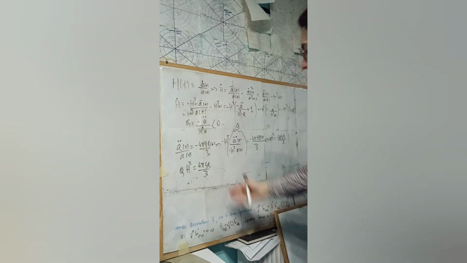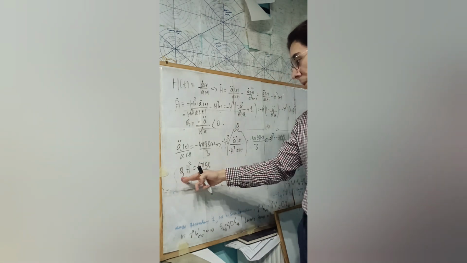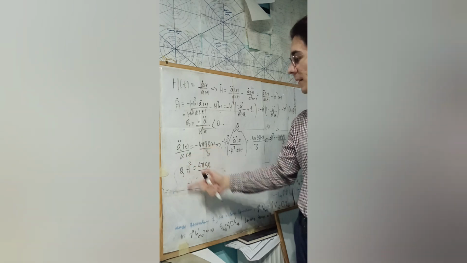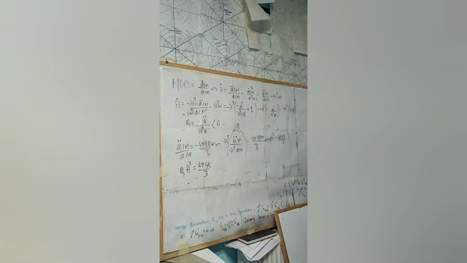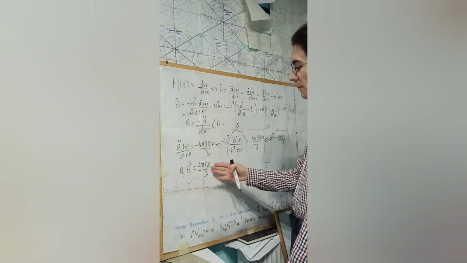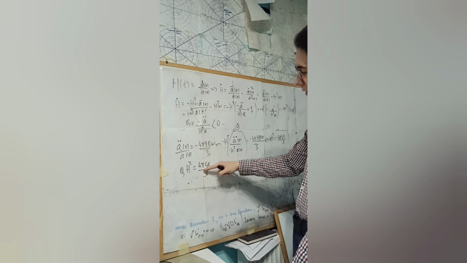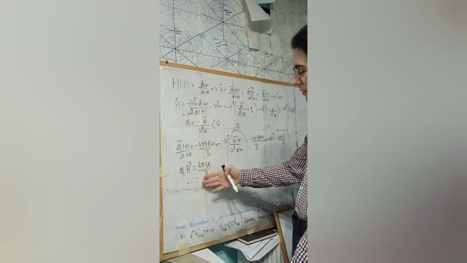So if you know the density and this parameter, you also know the Hubble expansion rate, so you can find any of them if you know the others, because 4 pi g divided by 3 is a constant number.